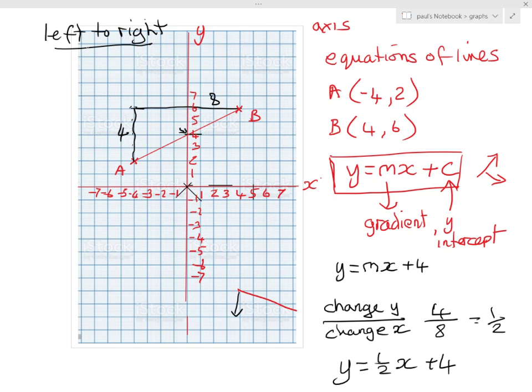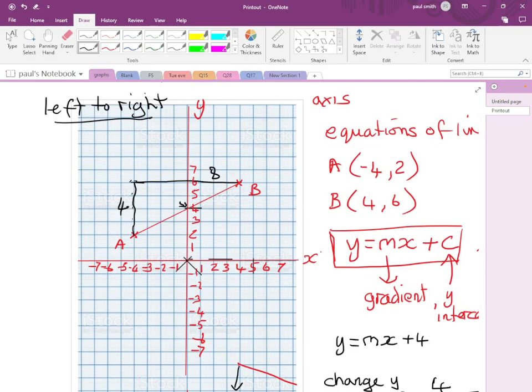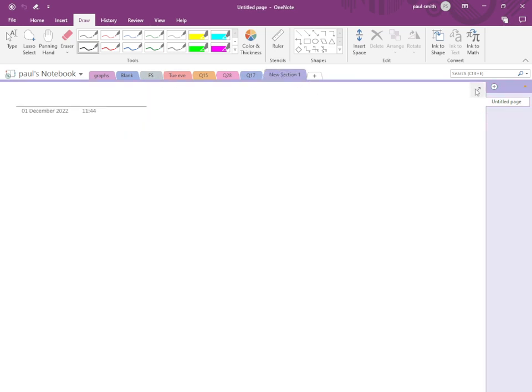Now, as an aside, you might not be given the graph to look at. So we're going to work out the gradient of a line with no graph.